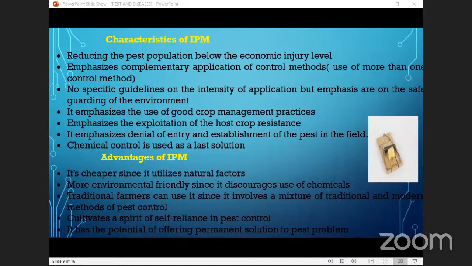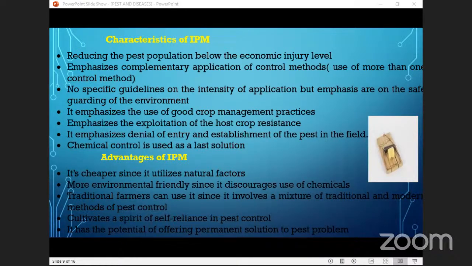Reducing the pest population below the economic injury level. Emphasizes complementary application of control methods, in brackets, use of more than one control method. No specific guidelines on the intensity of application, but emphasis on the safeguarding of the environment.